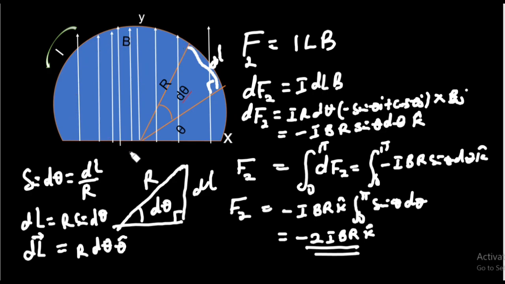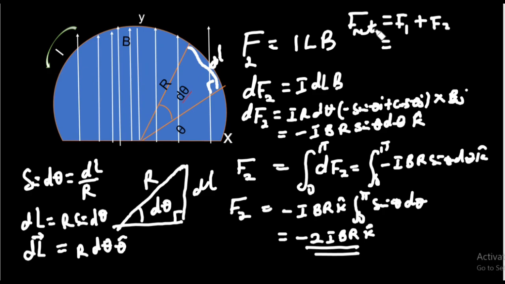If we now want to find the net magnetic force on this semicircular arc plus the line segment, the net force will be F1 plus F2.